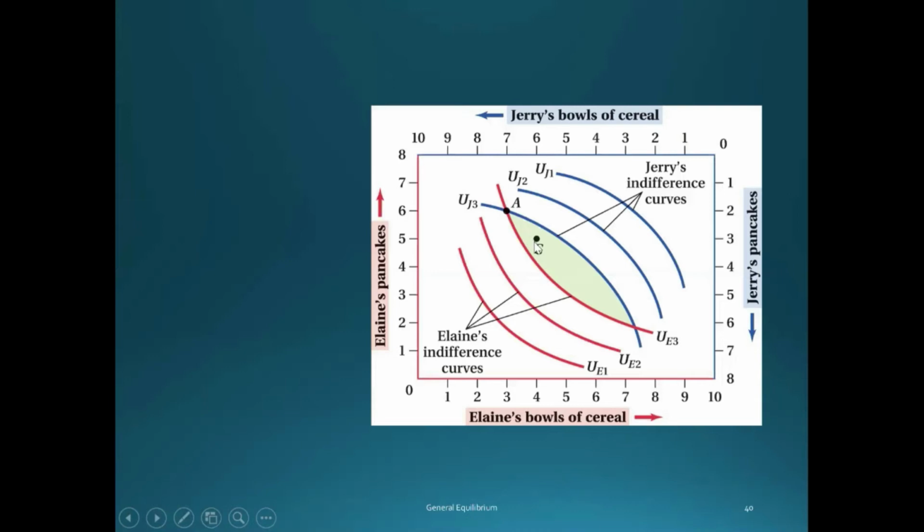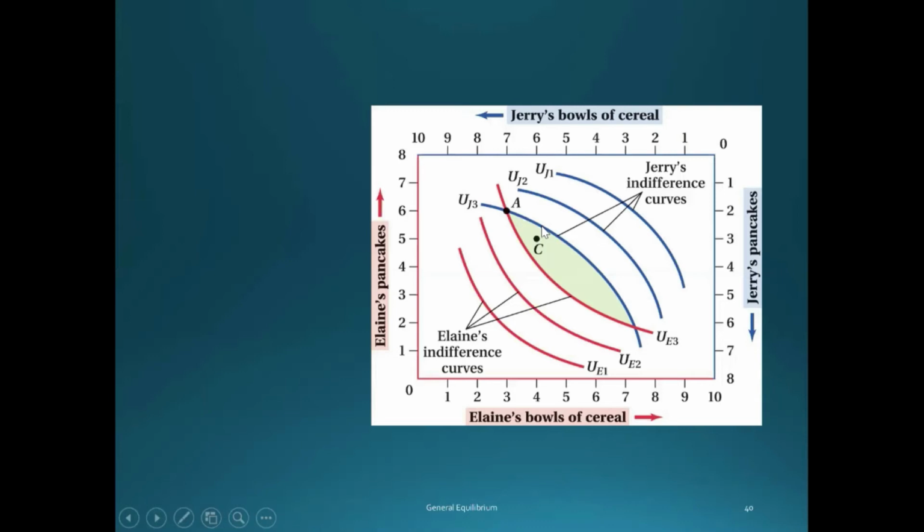Okay. Now let's look at Jerry. Remember, for Jerry, points further down and to the left correspond to him getting more of both goods. Allocation A is on the same indifference curve as where the mouse is positioned now for Jerry. So Jerry's utility is the same at point A and at where the mouse is positioned.